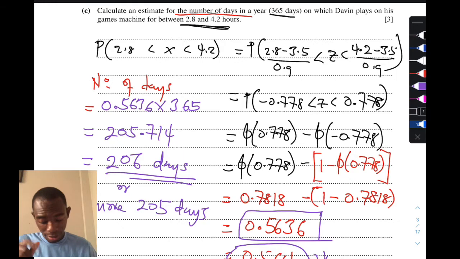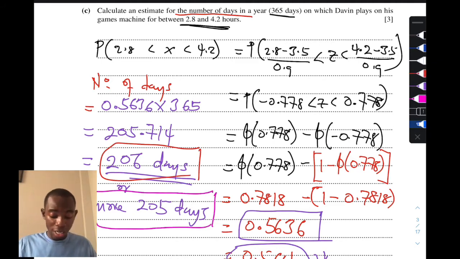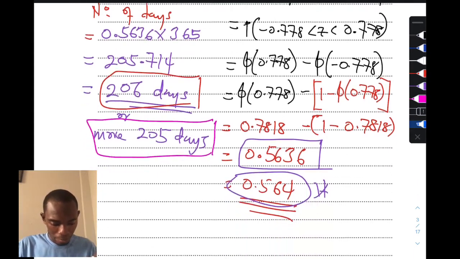I think that is a smart way to look at it, because 206 itself is a rounded value, like you are rounding the day. I know that some books write this, but I actually prefer this one. So the number of days is 205. I like it that way. Those of you who are my students and watch my video, I want you to not round the days in your final exam.